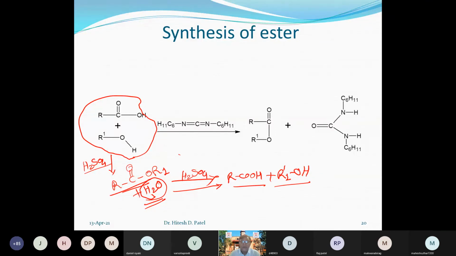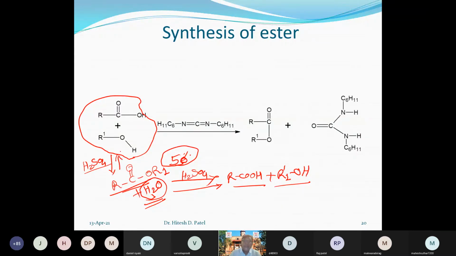So at any point of time you will not carry out the reaction in excess of 50%. That is, more than 50% reaction does not happen, because due to the presence of water the reversible reaction takes place and we get alcohol plus acid again.